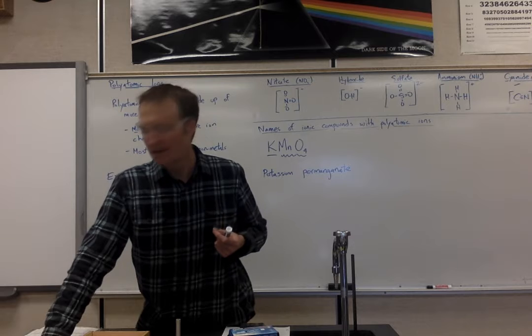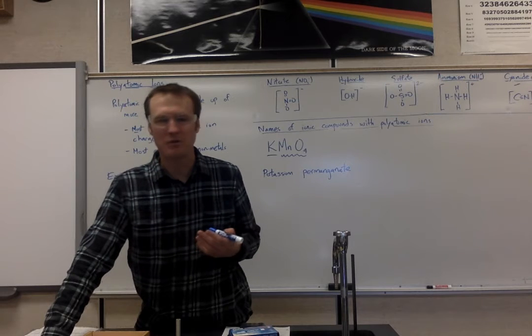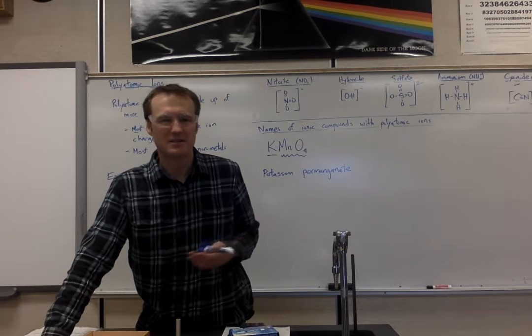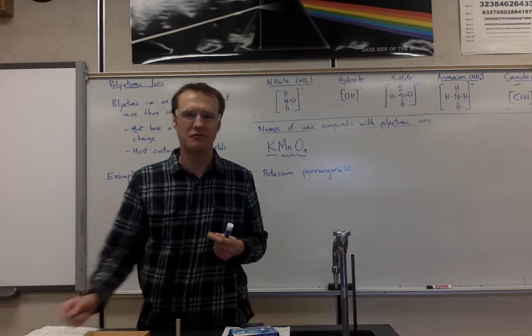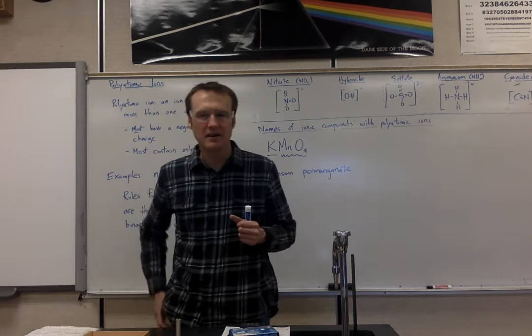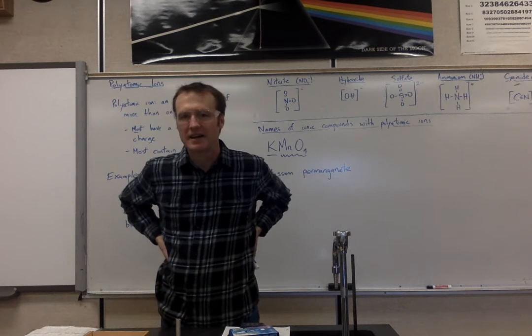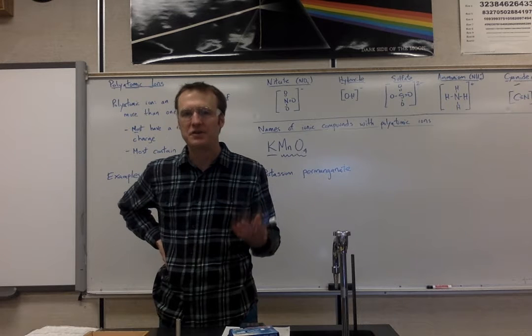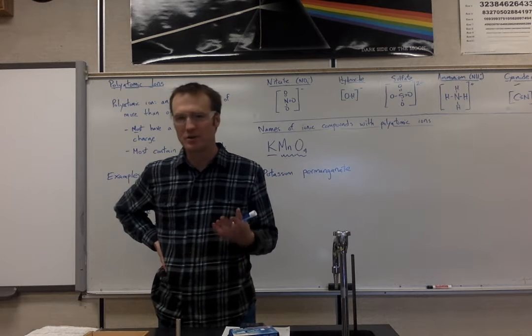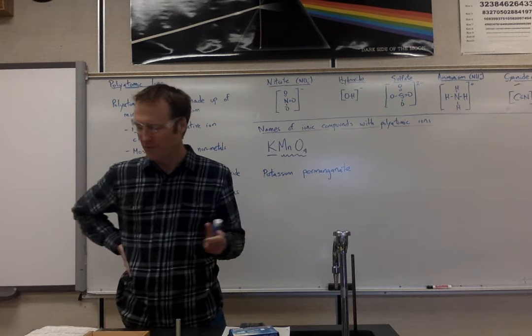It's a bit harder because just having the name, it's not a lot of information, because what it is lacking is the subscripts. It doesn't tell you the subscripts. You have to figure out the subscripts, and that's what's more difficult about going from name to formula.